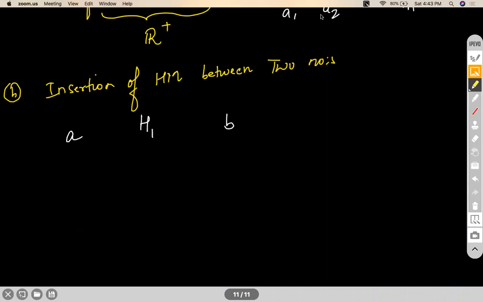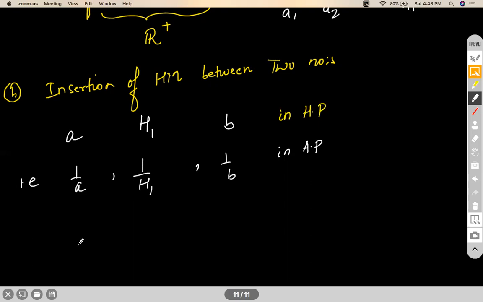So what is the value of H1 in terms of A and B? Now you don't have to reinvent the wheel. You basically have to realize that these three things should be in HP. That is, 1 by A, 1 by H1 and 1 by B will be in AP.